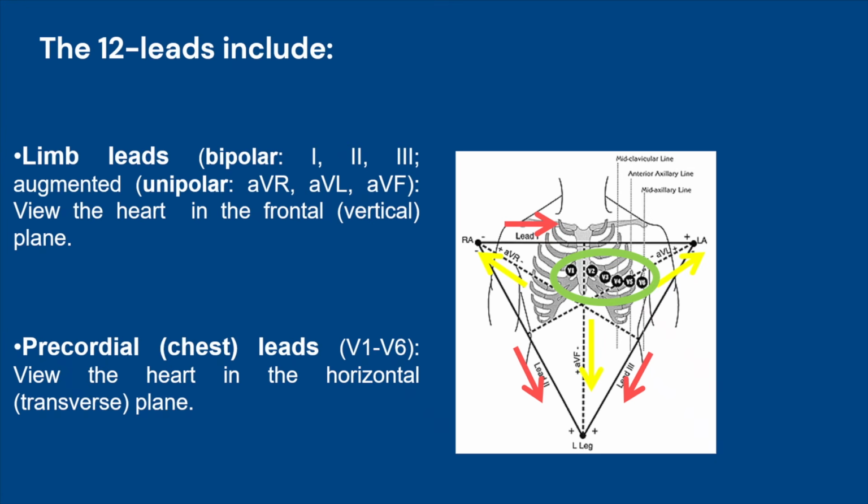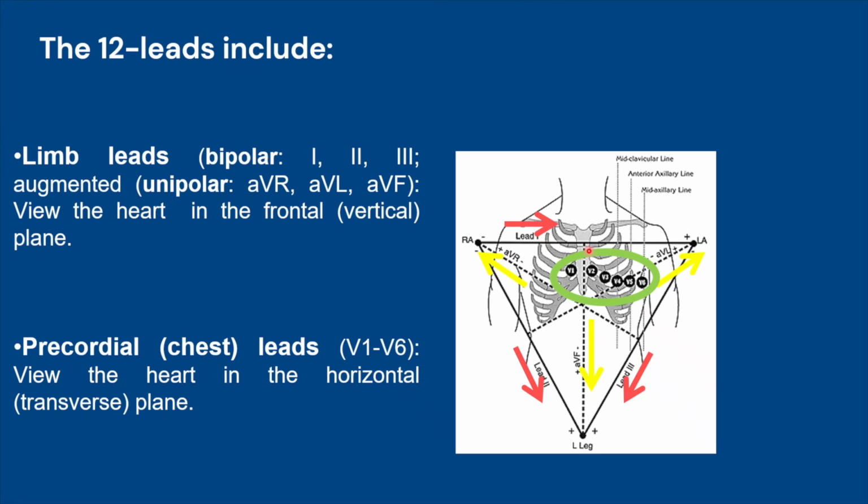An important conceptual distinction, lead 1, 2, and 3 are bipolar leads. So they record the electrical activity between two electrodes, and the augmented leads are unipolar leads. They compare one electrode against the average of the other two electrodes.